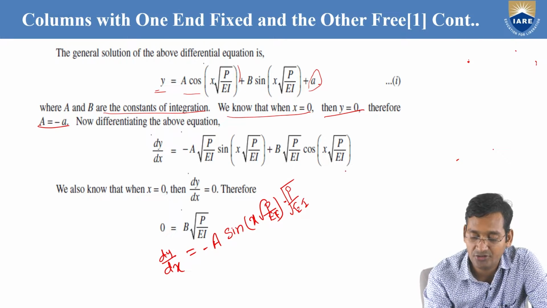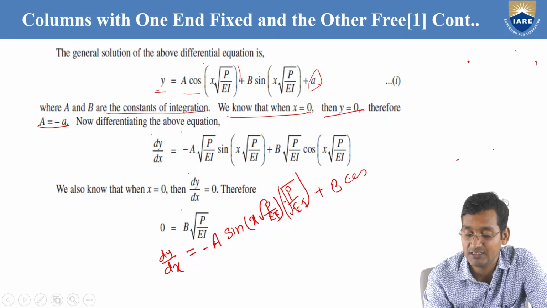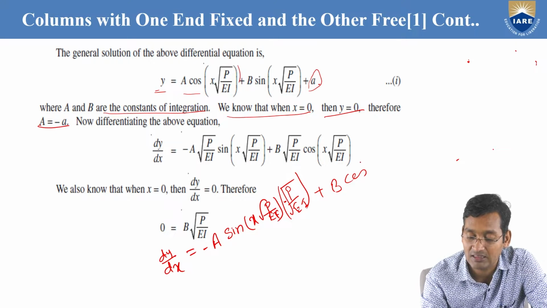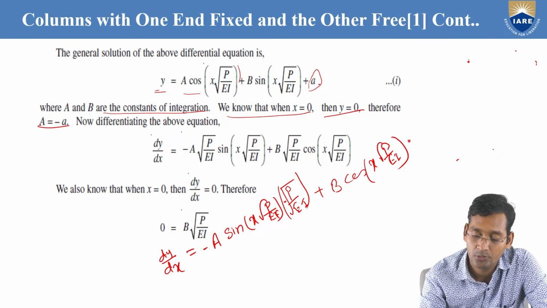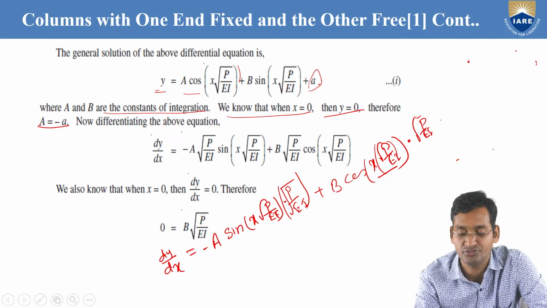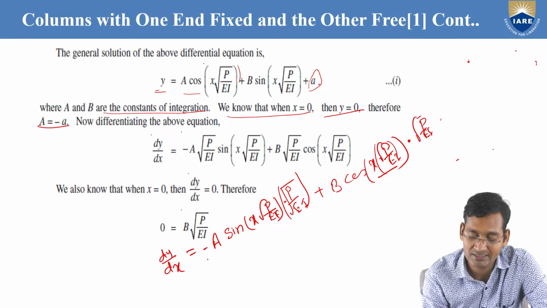Now similarly, differentiation of the second will be b. Okay, this is multiplication, not in the argument. The differentiation of sin theta is cos theta, so b cos(x root p by EI) into the differentiation of the argument, which is root p by EI, plus differentiation of a is 0. So this is the differentiation.